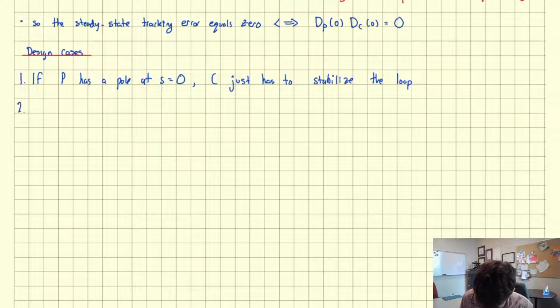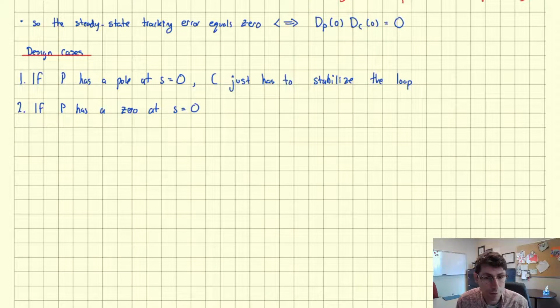Case 2: if P has a 0 at s equal to 0, well, we're screwed at that point. We cannot add integration, because if we do, we're going to get an unstable pole-zero cancellation, and we will not have stability. So there's nothing we can do in this case.